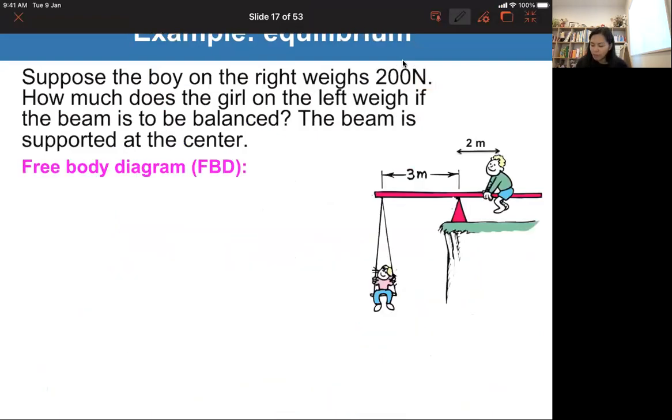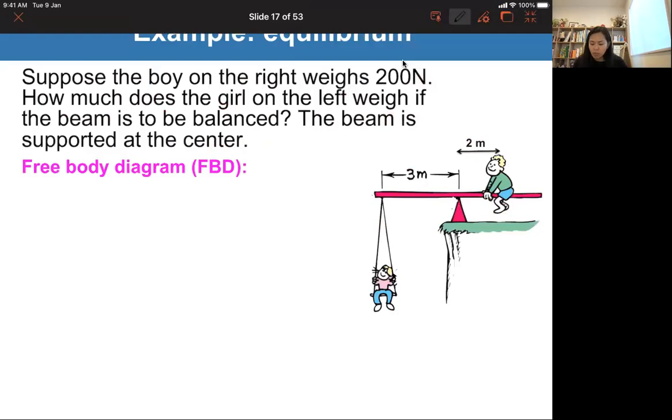But what if we shift the position of one child so that the distances between the pivot point and the children are not the same? One is 3 meters and the other one is 2 meters. The boy on the right weighs 200 newtons. How much does the girl on the left weigh if the beam is to be balanced?